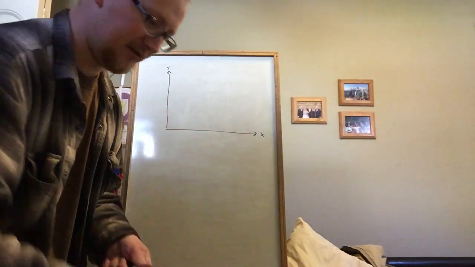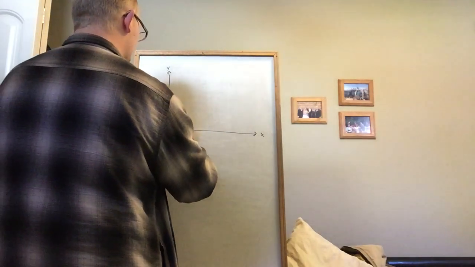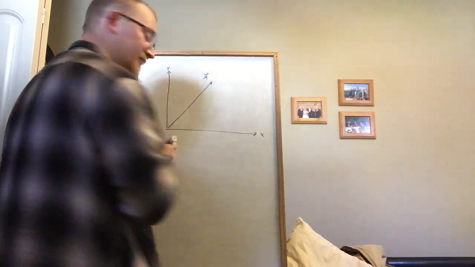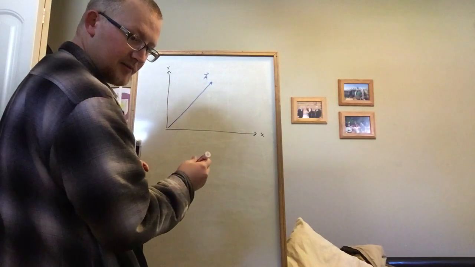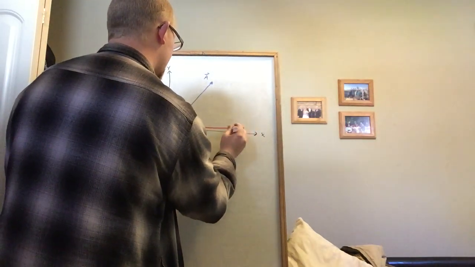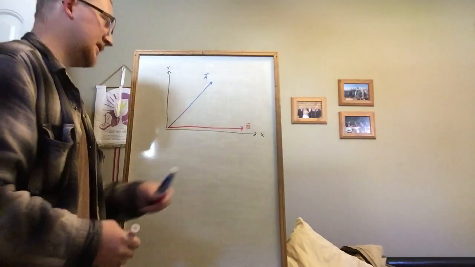Let's say that we have some vector A and some vector, let's go with B. I'm trying to draw B as though it's parallel with the x-axis.